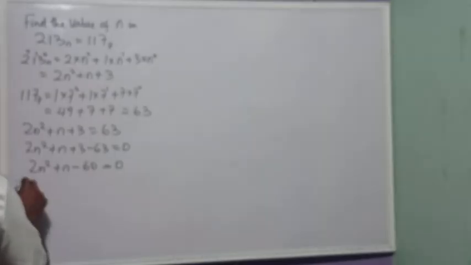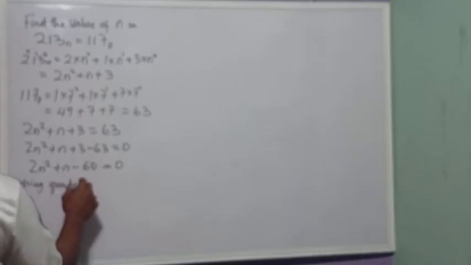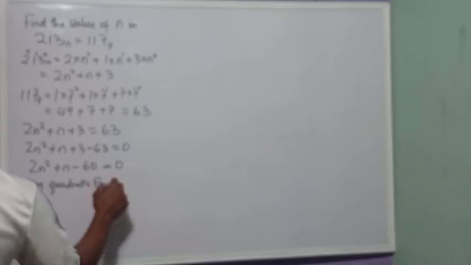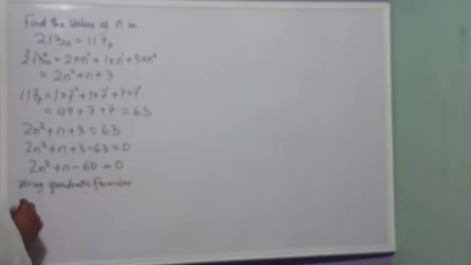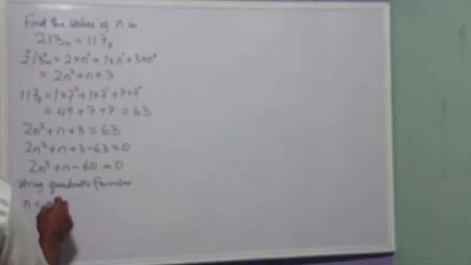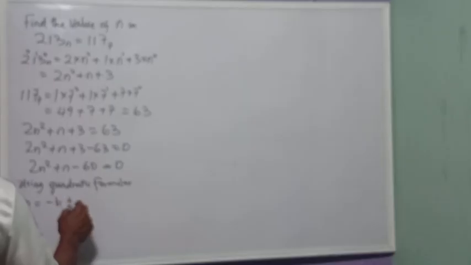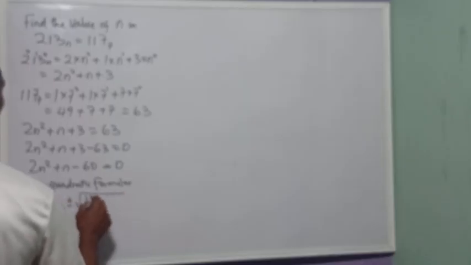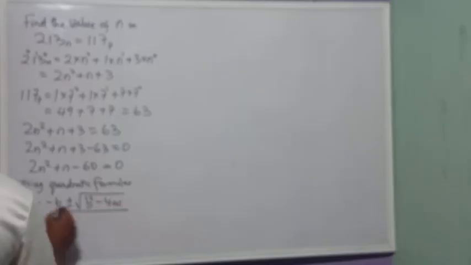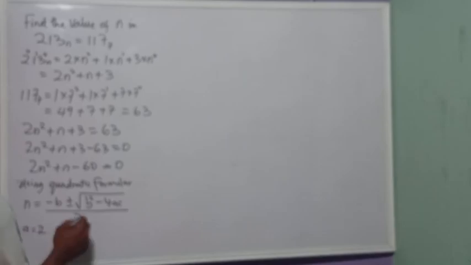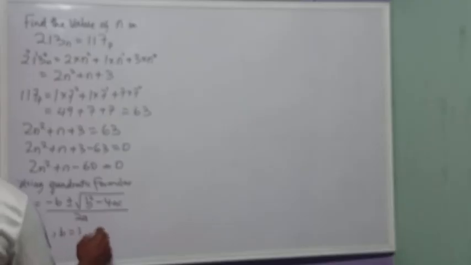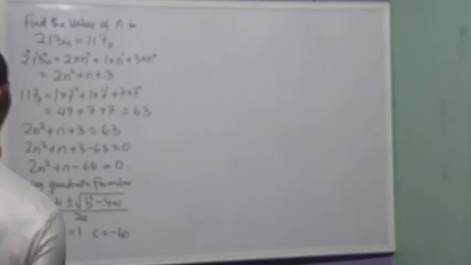Now using our quadratic formula, n equals minus b plus or minus root b squared minus 4ac all over 2a. Now in this case, a equals 2, b equals 1, and c equals minus 60.